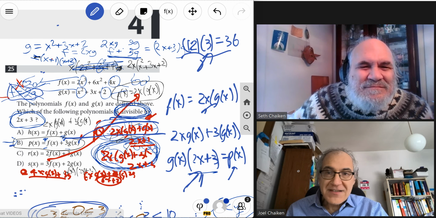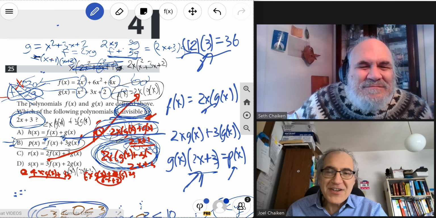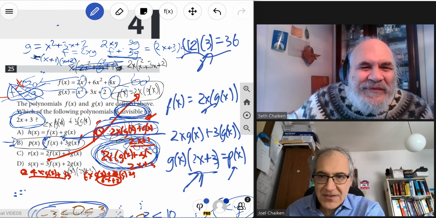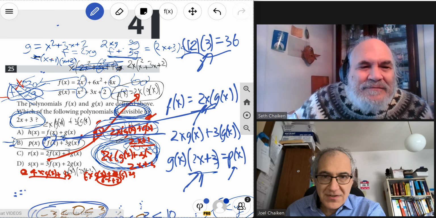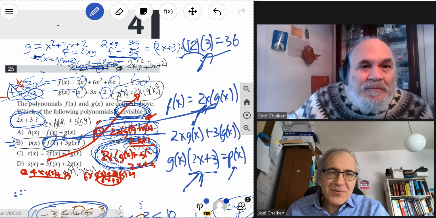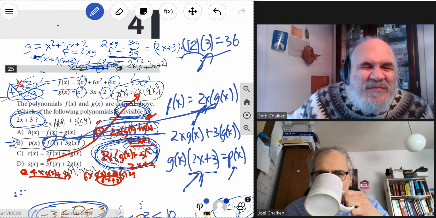But Seth was a little smarter. Seth didn't just try each one; I would have tried each one and gotten the answer. But notice I used substitution. Very important algebra. I substituted f of x. Seth took the smarter approach of figuring it out.